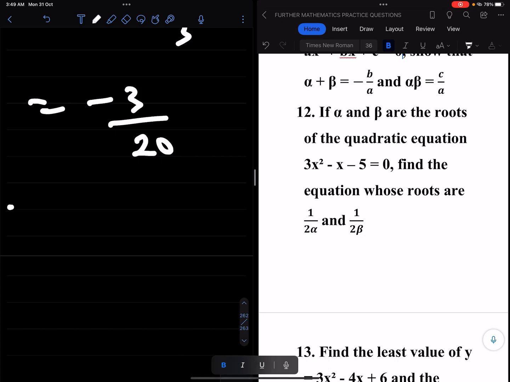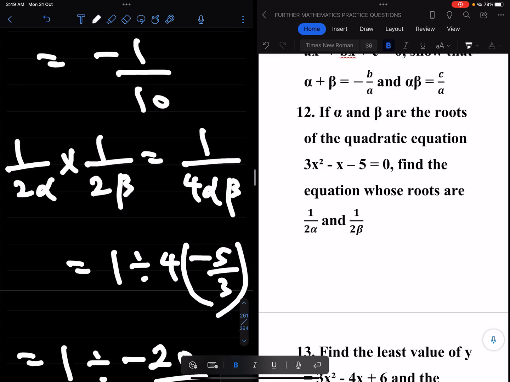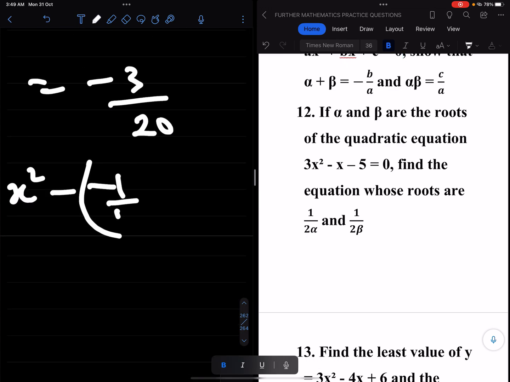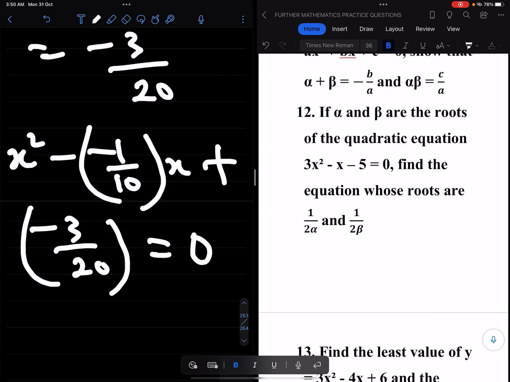Now, therefore, the equation whose roots are 1 over 2 alpha and 1 over 2 beta is given by x squared minus sum of the new roots, which is minus 1 over 10, times x plus product of the new roots, which is minus 3 over 20 equals 0.